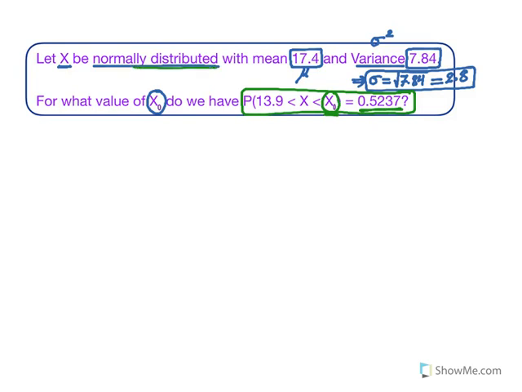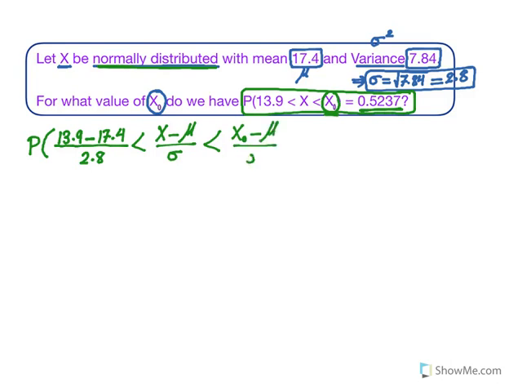Okay, so first of all, change to the z-score. Because x is normally distributed, I change this problem to the z-score. So I can say that the problem is the probability of, instead of 13.9, you'll do 13.9 minus mu, which is 17.4, over sigma, the standard deviation, 2.8, is less than, instead of x, you'll put x minus mu over sigma, less than x0 minus mu over sigma.